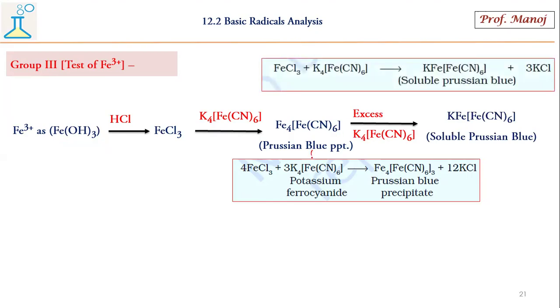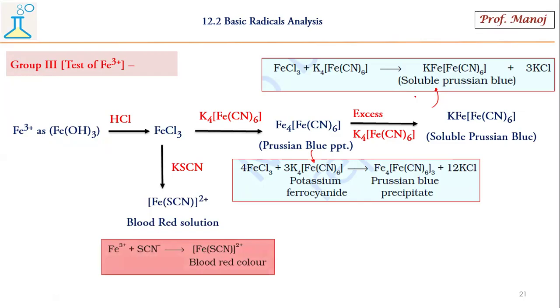So remember, this test is for this one, and this portion is here. There is a third test also, where this when treated with potassium sulfocyanide, you get blood red coloration. This is a test set for ferric.